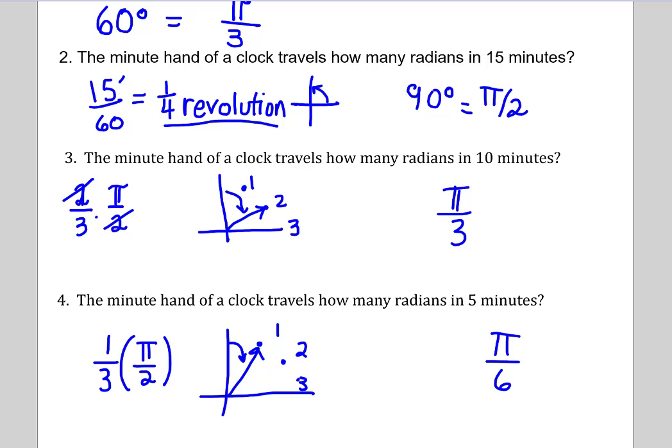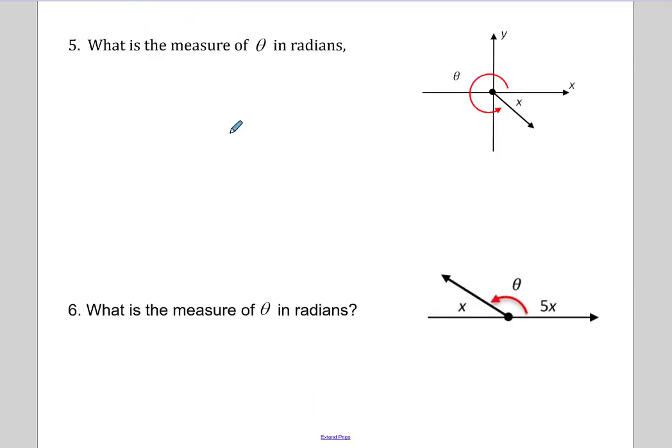And then our last two examples, what's the measure of theta in radians if x is 45 degrees? So this measure is 45 degrees, which makes this entire thing, we can think of it this way, 45 degrees is pi over 4, since you have pi divided by 180, so that's a quarter of a pi.